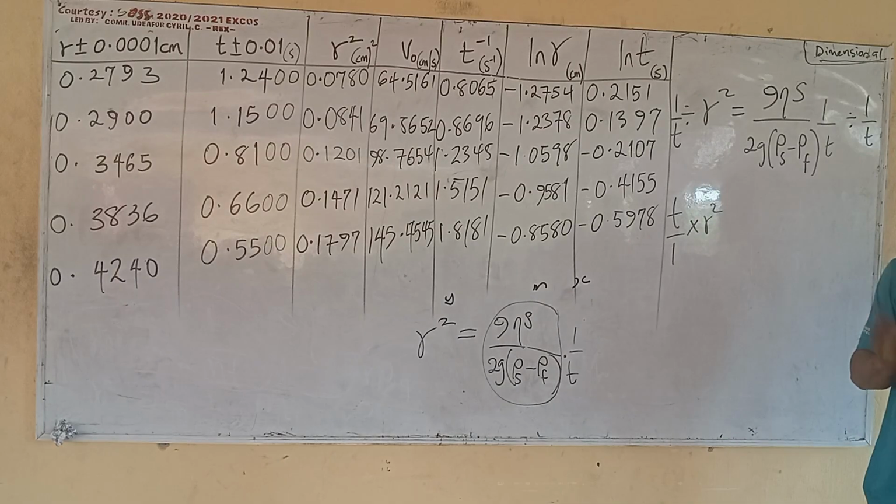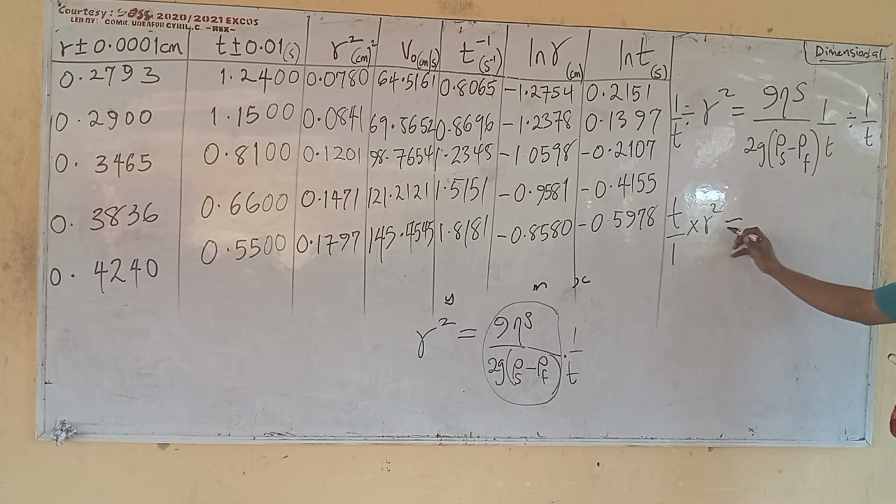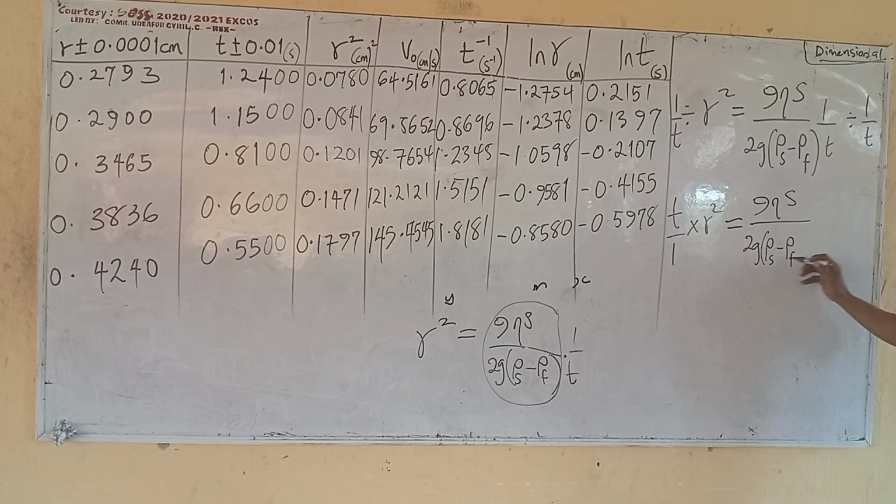Do you agree? Basic mathematics, is equal to 9 eta S all over 2g (rho S minus rho F) times 1/T, times T over 1.